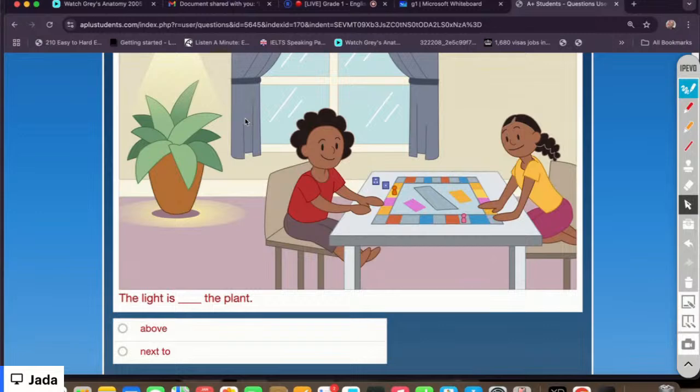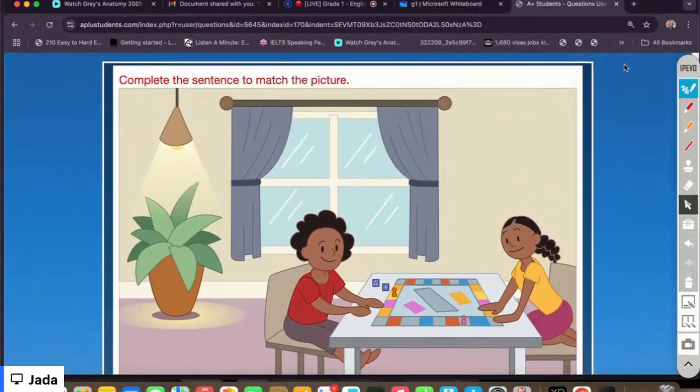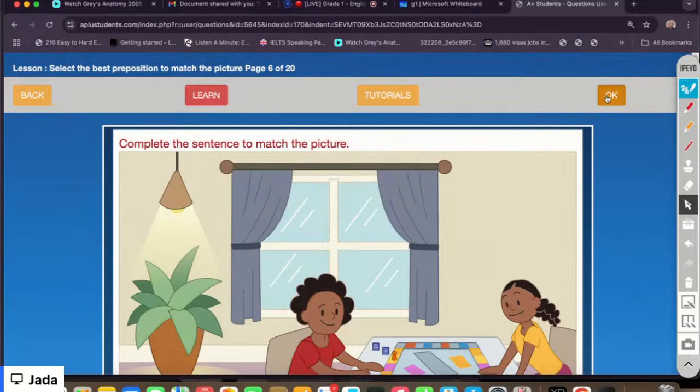Above or next to? So next to or above? The light is above the plant or next to? So we have above because look at the light, it is up above. So it is above. Okay.